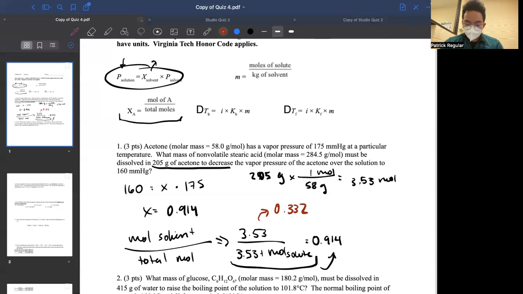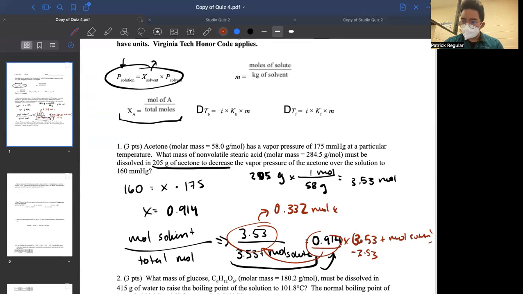So basically, remember, multiply this as 3.53 plus moles of solute. Or what you can do is you can just divide this over, and then you can just subtract 3.53 from the quotient of these two. Right. 0.332, that's our moles of solute.